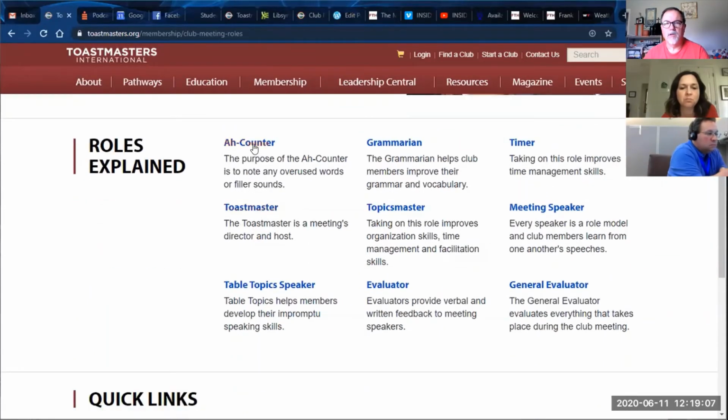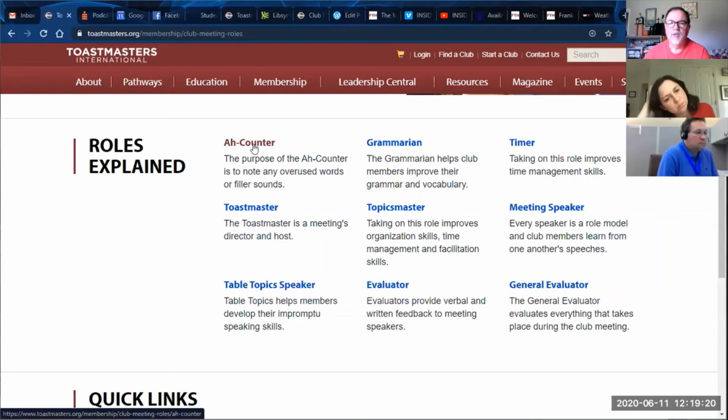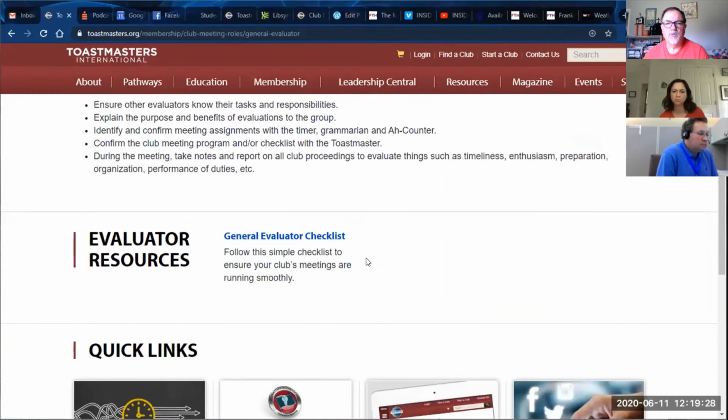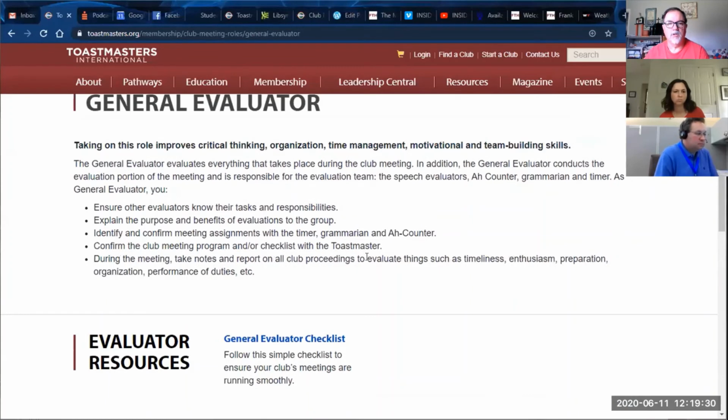If you want to learn more about the grammarian, Toastmasters really separates those as ah counter and grammarian, two different roles. We put them together, the ah counter grammarian, but some clubs will separate those two. So we were talking about the general evaluator. Go down to that. That tells you the responsibilities of it, and there's that checklist that I had already downloaded.